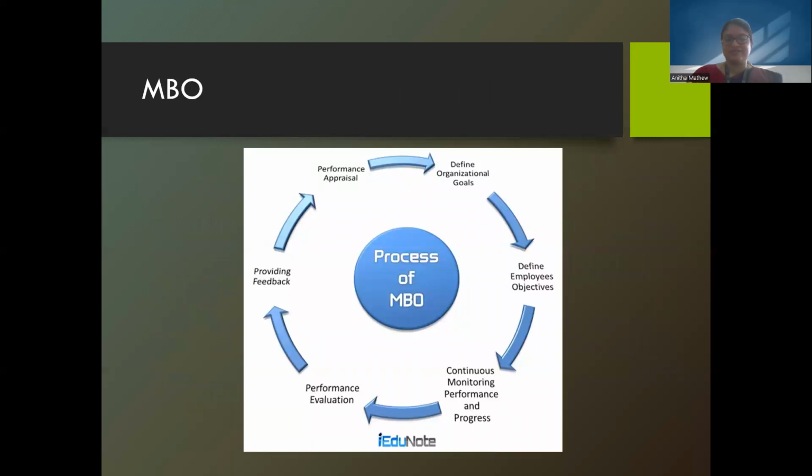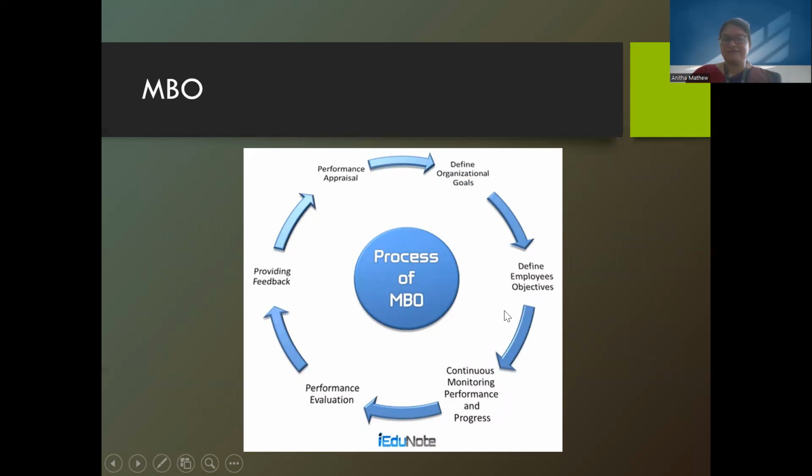So as you can see in this process cycle, the first point is you define the organizational goals, you define the employees' objectives, you monitor their performance continuously, and you also see how well they have progressed. You see how their performance is and you evaluate their performance. You give feedback where they can improve and how to improve. And then the performance appraisal is done.